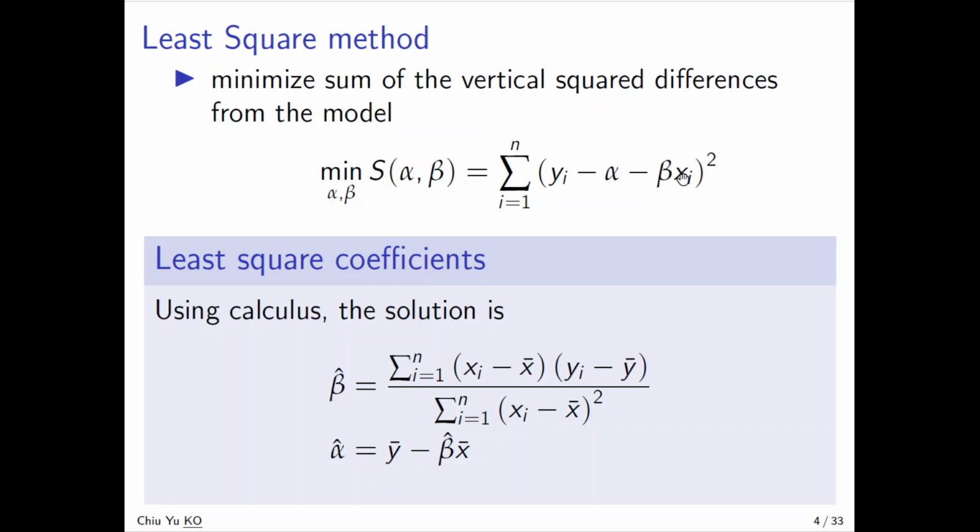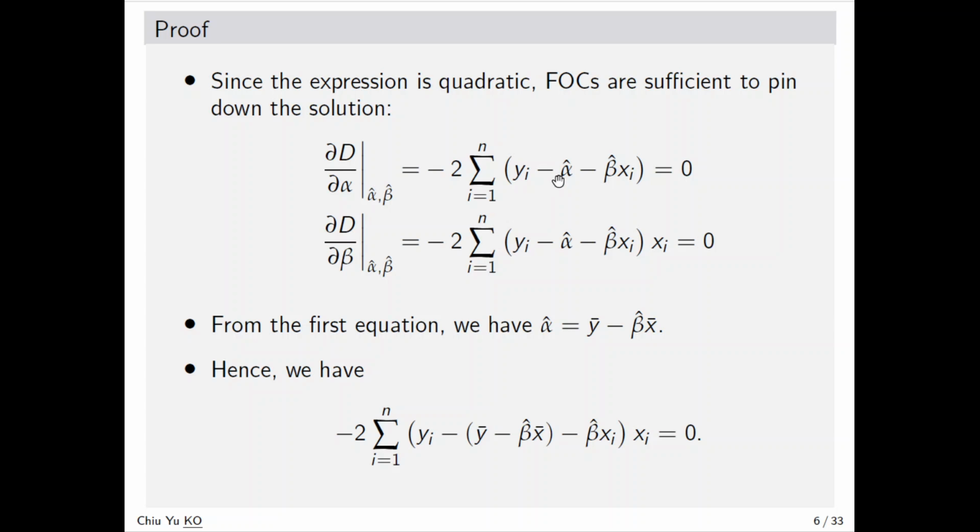From the first expression, you can take the sum of the alpha to the other side and divide both sides by the sample size n. What you are left with is alpha hat equals y bar minus beta hat x bar. Again, you put the sum of the alpha on the other side and divide both sides by n, and you get this expression.